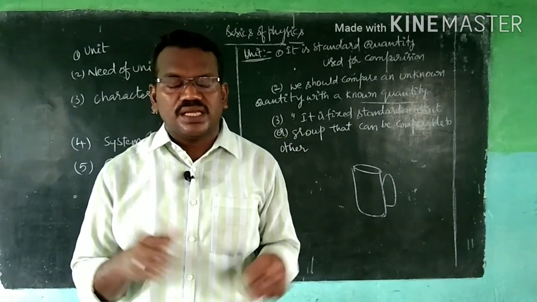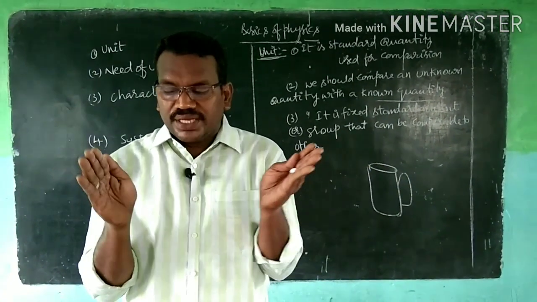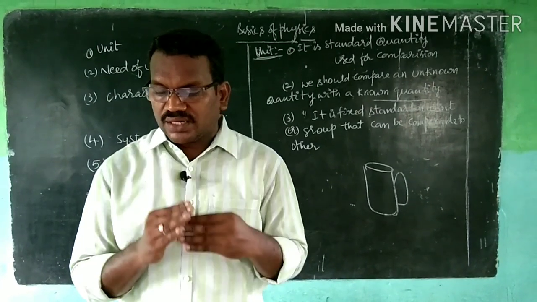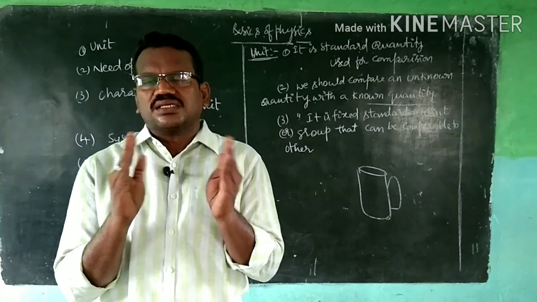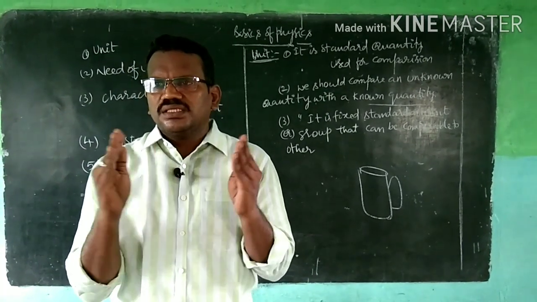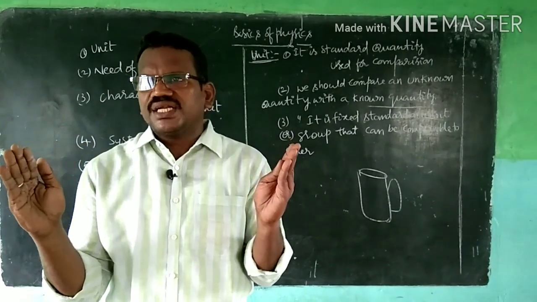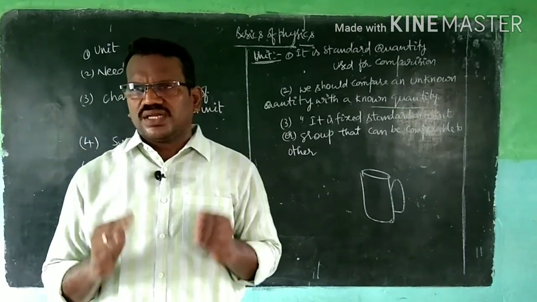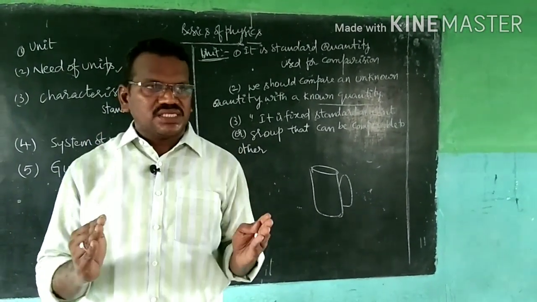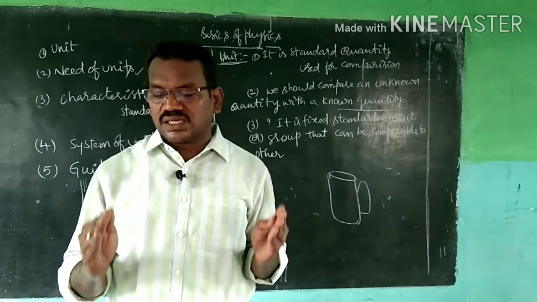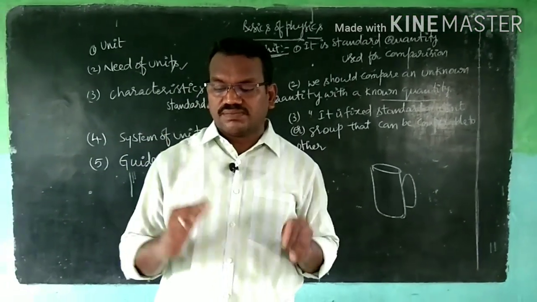It should not be a big one, it should be a comparable, small one. Next, it should be defined in a perfect manner, meaning there is no ambiguity while defining the unit. For example, 1 kg means exactly 1 kg. 1 meter means exactly 1 meter. 1 second means 1 second.